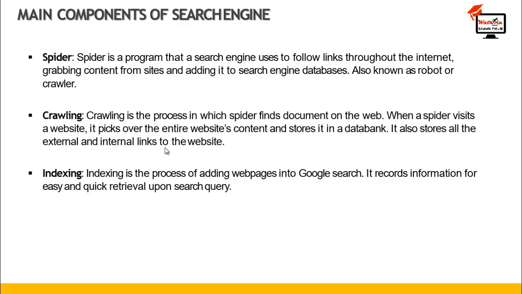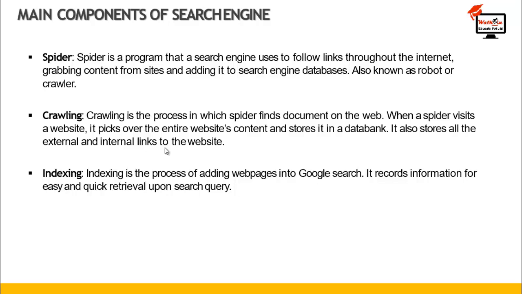First we go to that section and then we try to find that book. In the same way in Google's database, all the websites are arranged with respect to the keywords. You can consider keywords as the sections, and in those keyword sections all the website links are added.